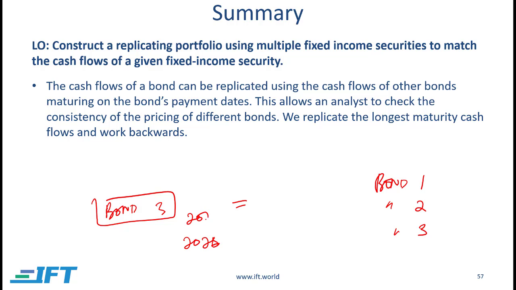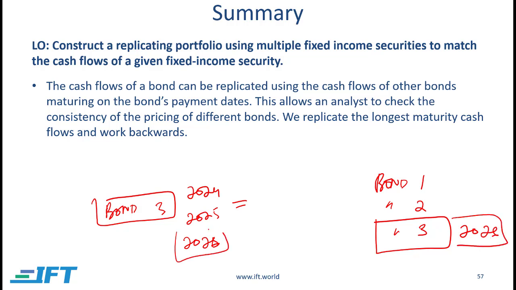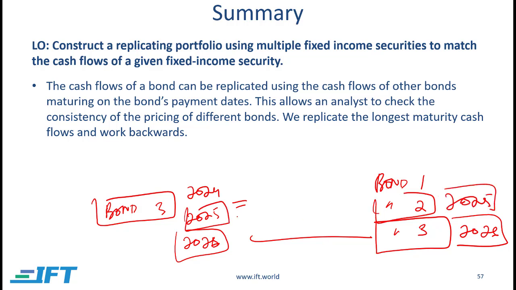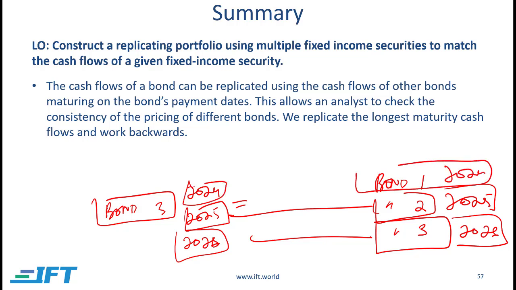And then there is 2025 also, and there's 2024 also that the payments are coming in. So first I'm going to match my cash flow with this bond number 3, which is also maturing in 2026. Once I match these two cash flows, then I will match my 2025 cash flow with this second bond. Then I will match my 2024 cash flow with this first bond, and I'm working backwards.